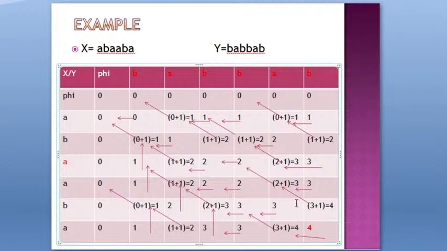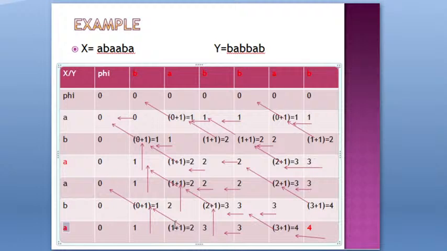As I check, my arrow points to the diagonal element, so immediately I will take my character, which is A.